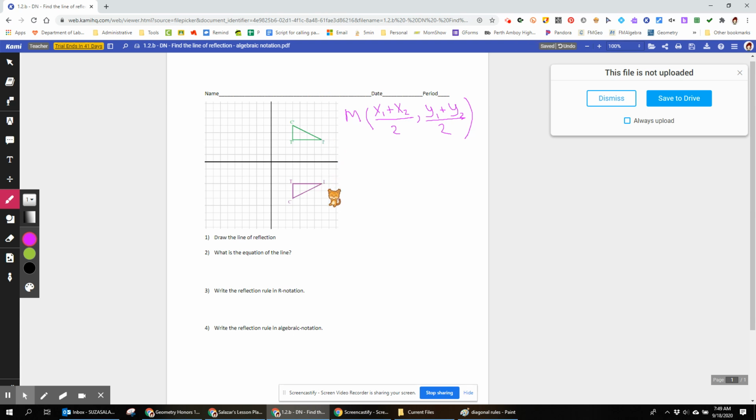So point I is at 7, -3, and I prime is at 7, 3.